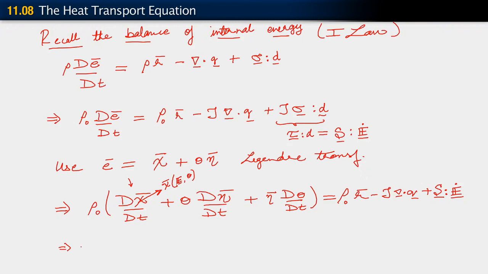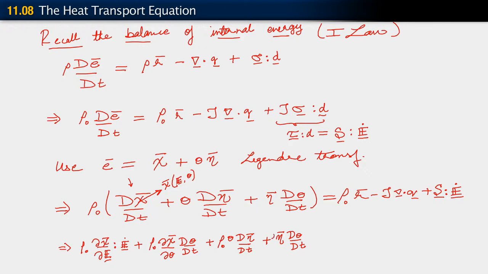So what we get here is rho naught partial of chi bar with respect to E contracted with E dot, plus rho naught partial of chi bar with respect to theta times the material time derivative of theta, plus rho naught theta times the material time derivative of eta bar, plus rho naught eta bar times the material time derivative of theta.